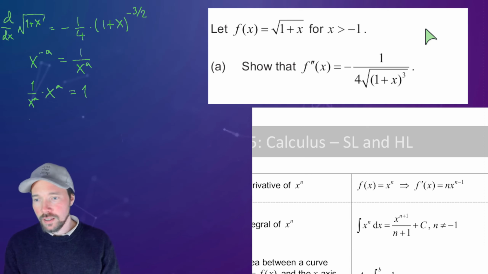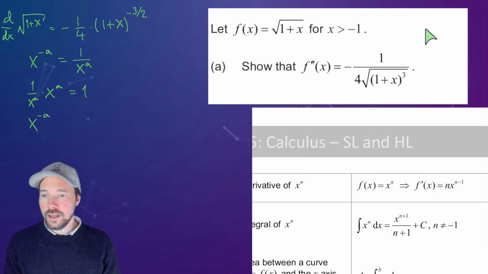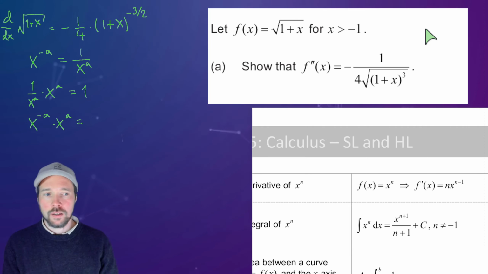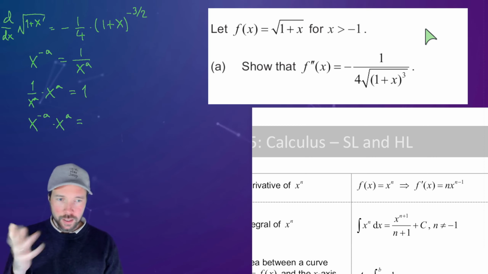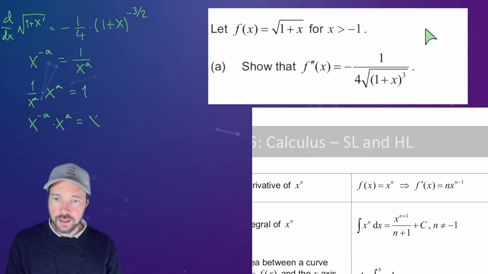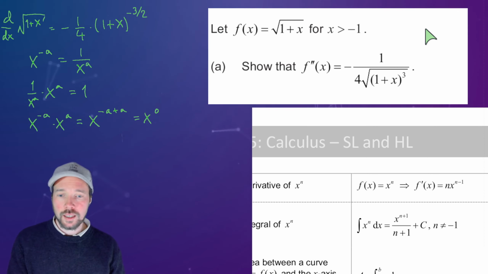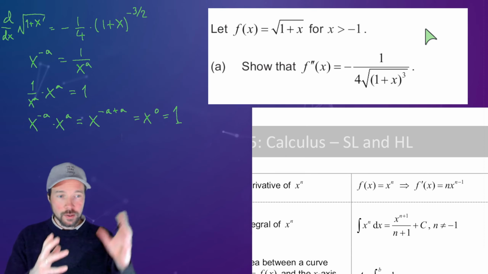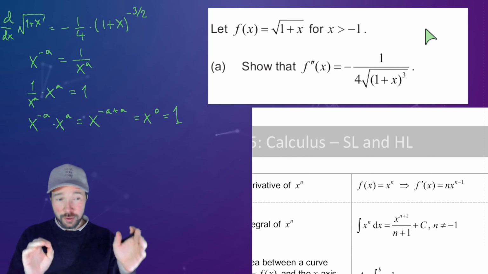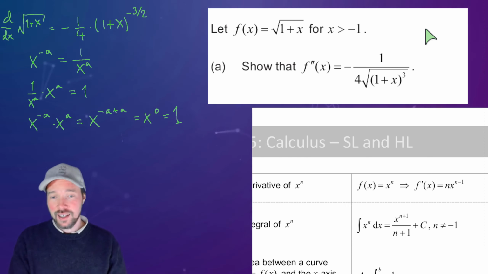On the other hand, if you have x to the power minus a and you multiply it by x to the power a, by the rules of exponentiation you get x to the power minus a plus a, which is x to the power 0, and that is always equal to 1. X to the power 0, always 1. Even 0 to the power 0 is 1.